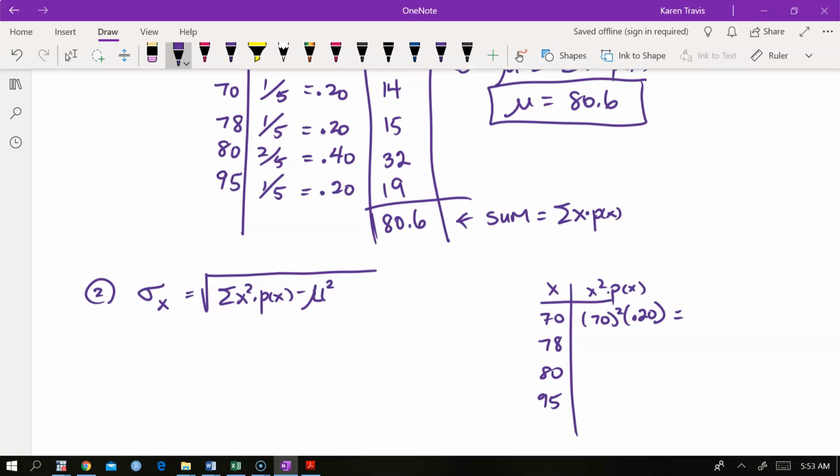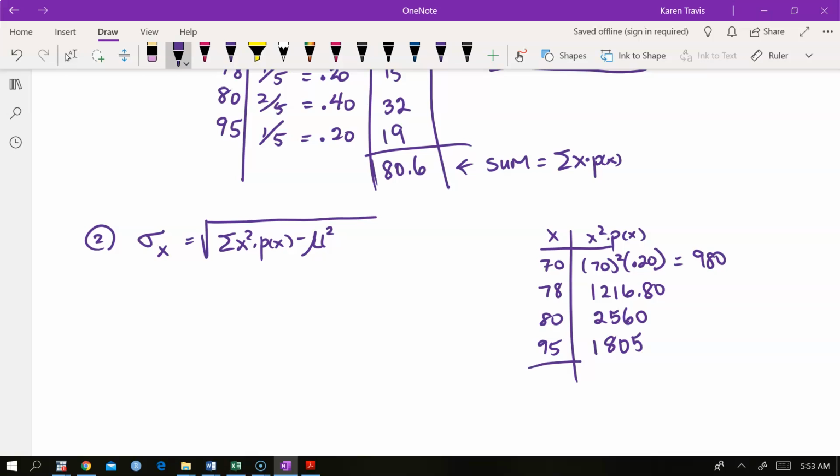And so these outcomes will become 980, 1216.8, 2560, and 1805. And if I sum that column, I'm going to get 6561.8. So that's just the sum of x squared times p of x.